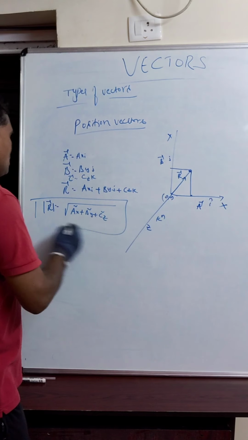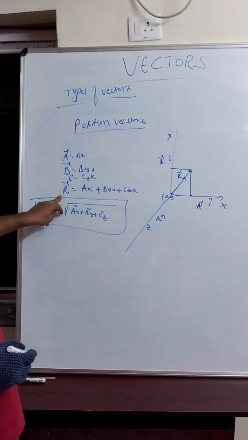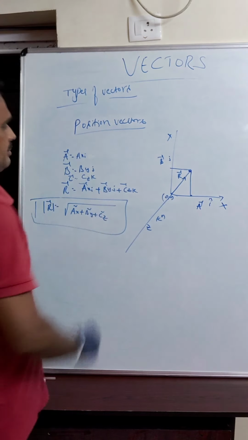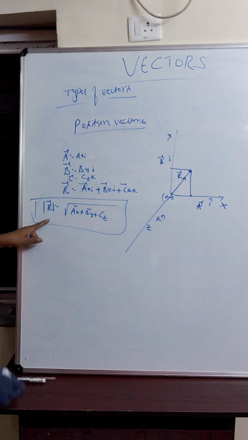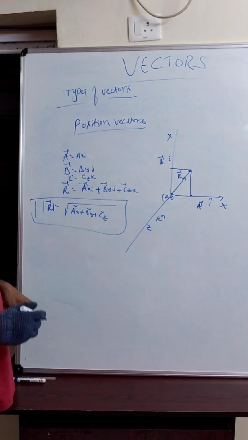This is called the magnitude of r bar. This r bar is a position vector. The vector notation uses a bar, b bar and c bar.